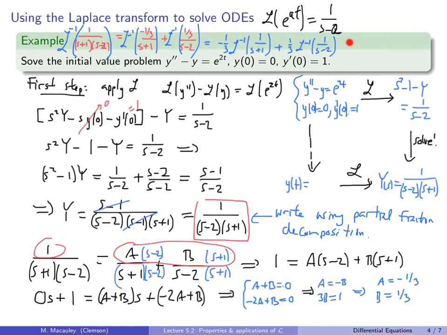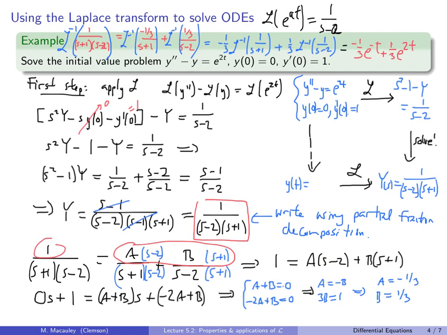But now we can compute this. This first one is negative 1/3. What function has Laplace transform this? It's just e to the negative t. And what function has Laplace transform equal to this? Using our formula, that's e to the 2t. So plus 1/3 e to the 2t.